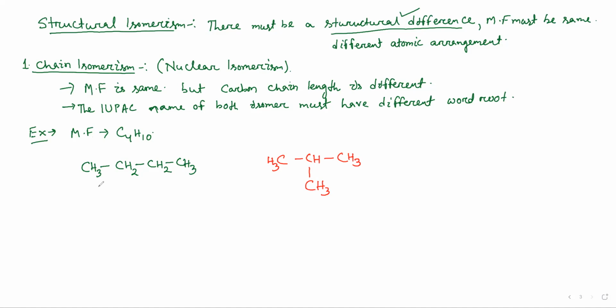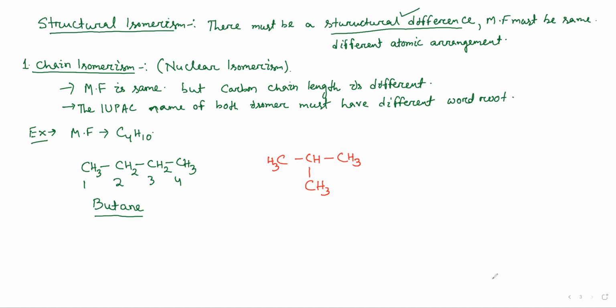Okay, so see, this is having 4 carbon chains in linear manner, so it will have the numbering as this one. So for 4 carbons, the word root will be but. All the carbon atoms are connected by single bonds, so the suffix will be ane. This has the IUPAC name butane.